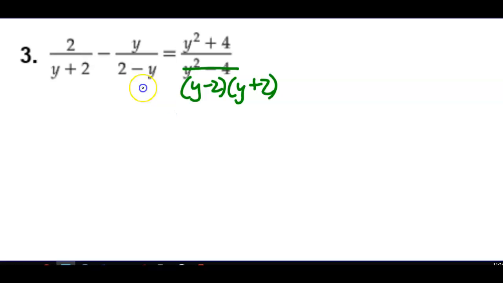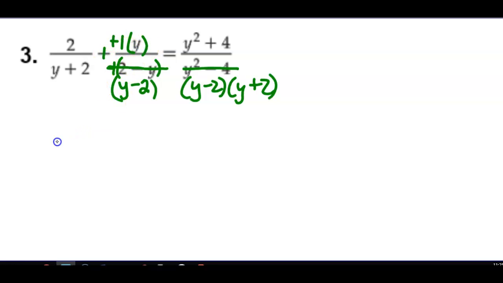See, we can rewrite this as y minus 2 as long as we take the opposite. If we multiply a negative 1 down here and a negative 1 up here, then it's okay. So this will become a negative 2, which is this, minus the negative y becomes positive y. So now we have this factor in the denominator. And what happens up top is that negative 1 will make this plus positive 1y.